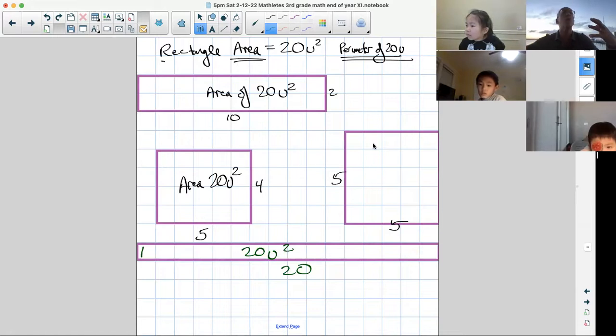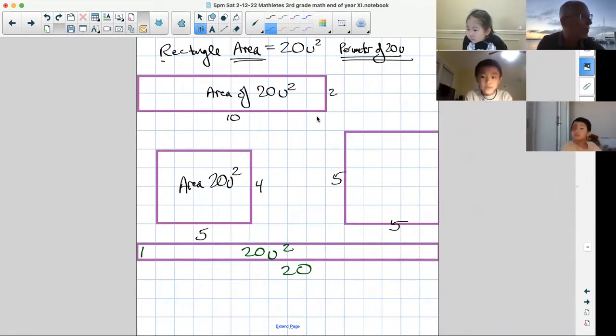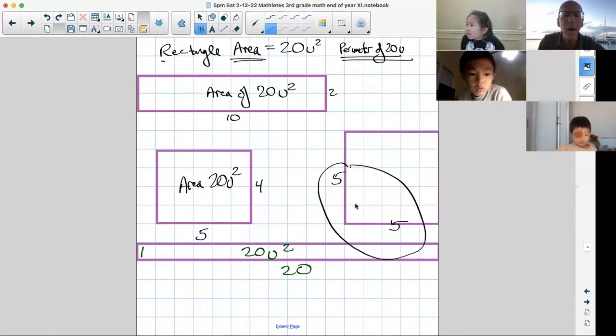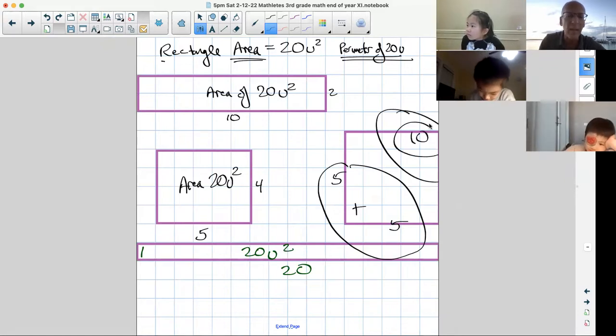If you sat up a little bit, you might see that. Because 5 plus 5 plus 5 plus 5 equals 20. Right. But 5 plus 5 is 10, and 5 plus 5 is 10. 10 plus 10 is 20.